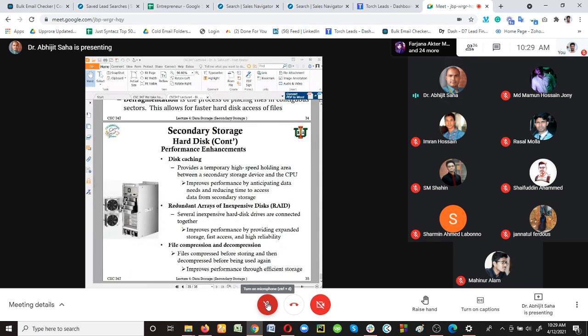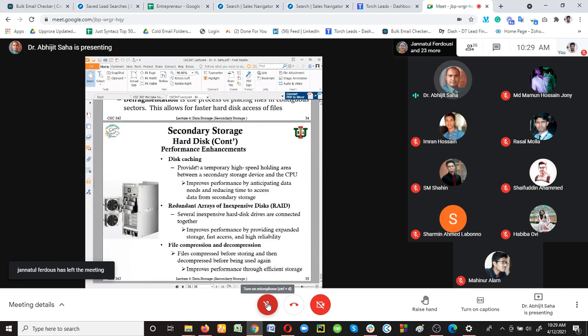Today, in the last slide, we are talking about performance enhancement for the hard disk drive. There are different techniques we are using for improving the performance of a hard disk drive.